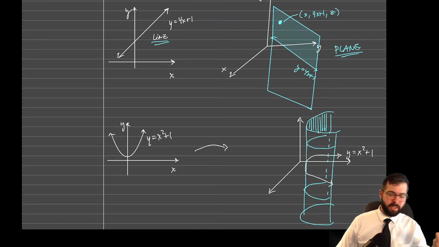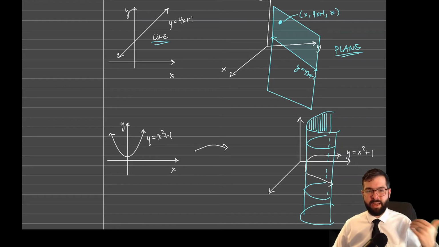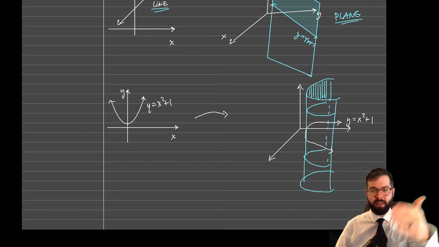Okay, so just kind of an introduction to some of the basic shapes and things we remember from pre-calc, how they look in 3D, because eventually we're going to want to integrate on top of these things. So first we got to kind of shake their hand, right, figure out what's going on. But that's what is happening with a parabola if we let z vary freely.